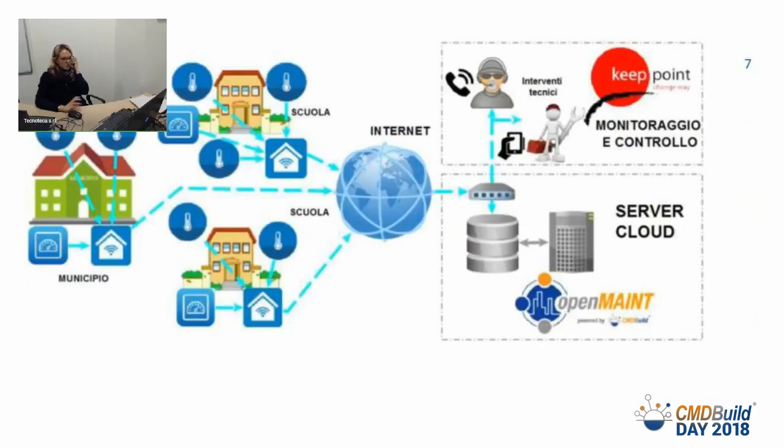The main functional scheme is in this picture. You can see different buildings, such as a school, a municipality, other schools or other buildings, and each of them is provided with sensors which give the information through the internet to the server cloud on which openMAINT is based, and openMAINT will share this information with the Key Point Center of Monitoring and Control.